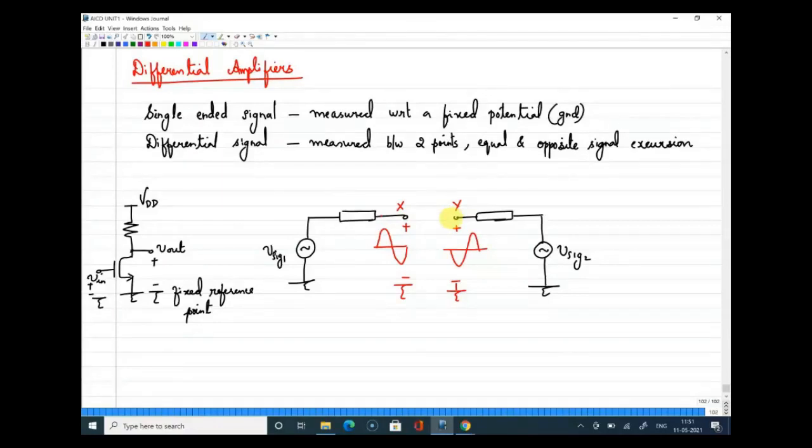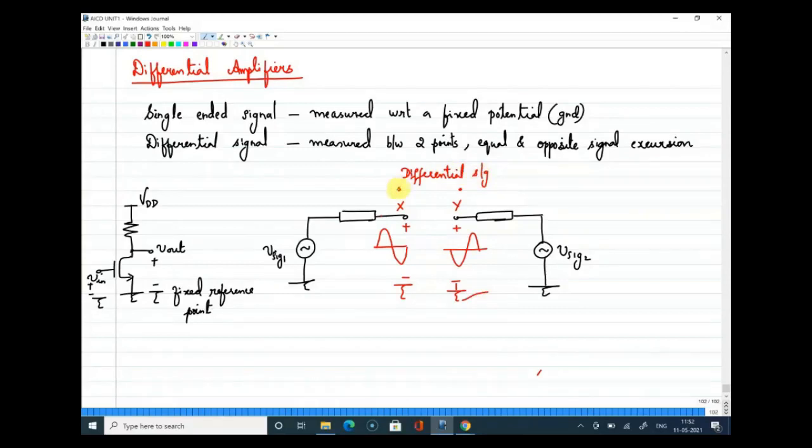Now, if we measure voltages between the points X and Y, where both points have equal magnitude signals but the signal excursion is opposite, such a measurement between 2 points with equal and opposite signal excursion is called a differential signal.